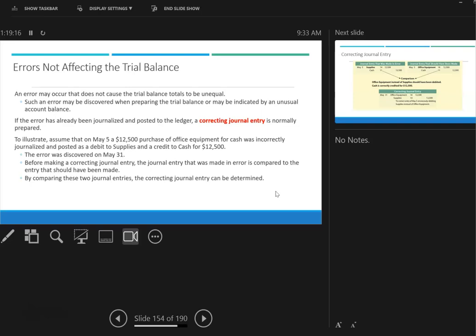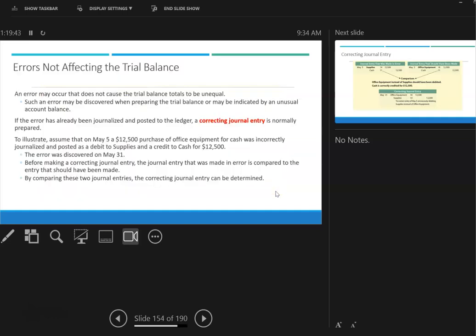For example, I paid wages of $13,000 in cash. What if instead of showing wages expense, I showed supplies expense? Did I screw something up? But would I still balance? Do you understand that just because you balance doesn't mean it's perfect? Because we could make mistakes, but the purpose of this is to see the trial balance.